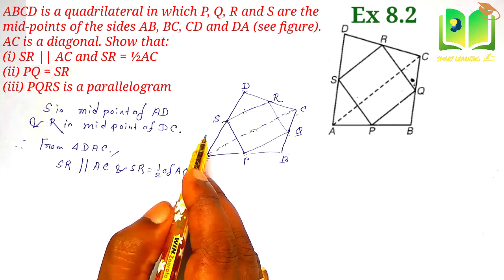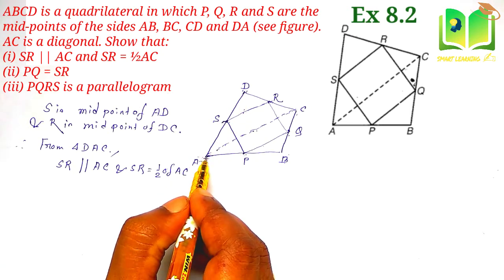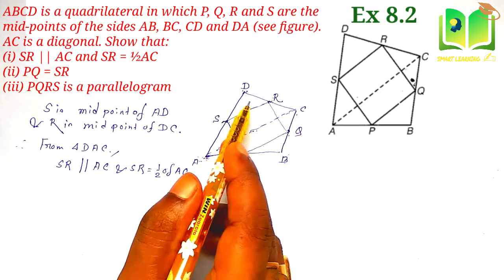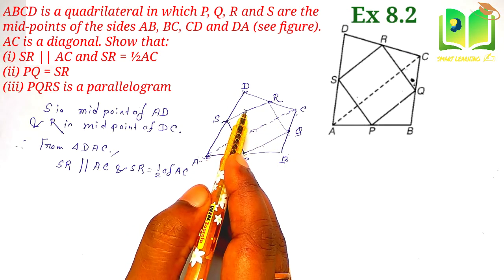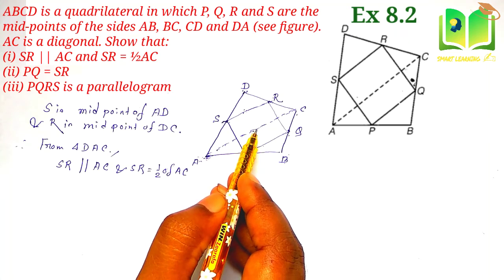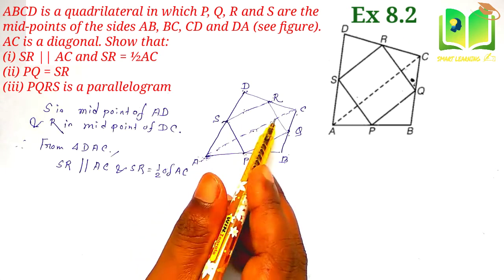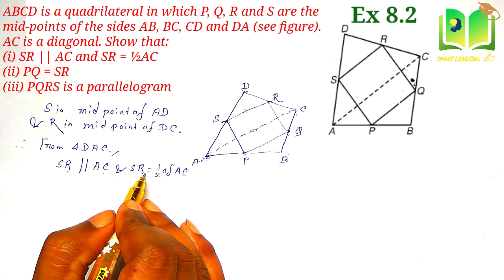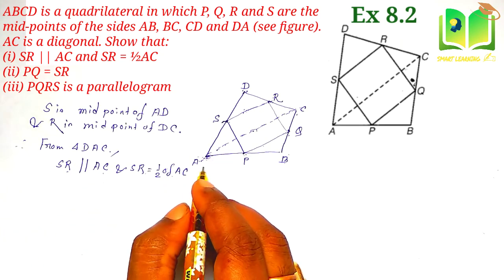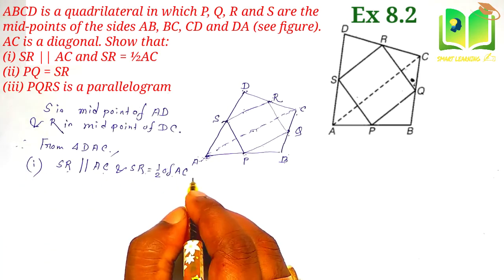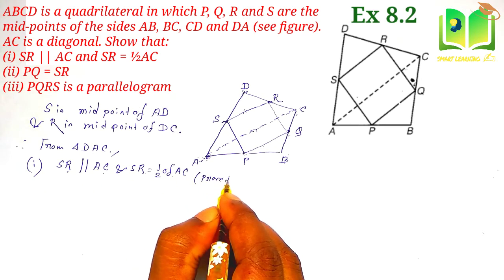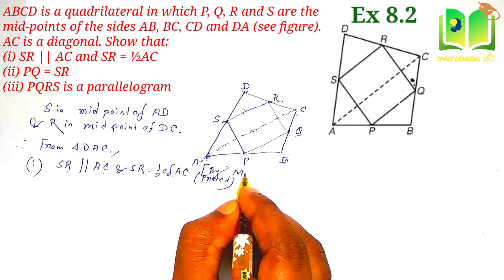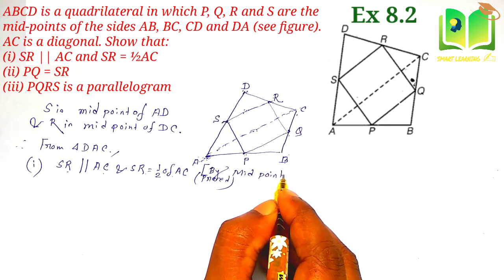Why we can write this? As S is the midpoint of DA and R is the midpoint of DC. So from triangle DAC, this line is parallel to this line and this one is half of AC. So that's why I am writing here SR parallel to AC and SR equals half of AC. So your first condition is proved. But you must write it by the midpoint theorem.